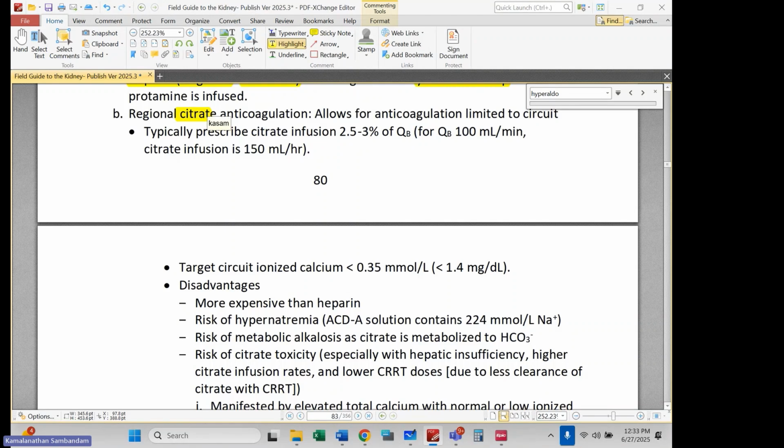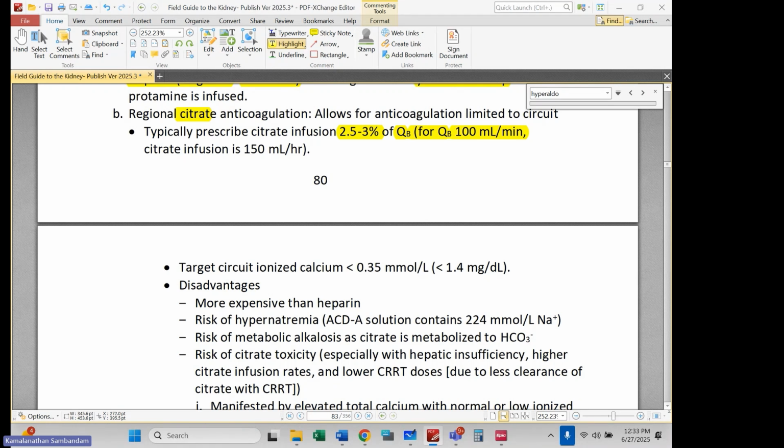Citrate anticoagulation is going to be prescribed as a percentage of blood flow rate. Why? Because as blood flow is faster, you need more citrate in order to create that low free calcium concentration to reduce the efficiency of coagulation.